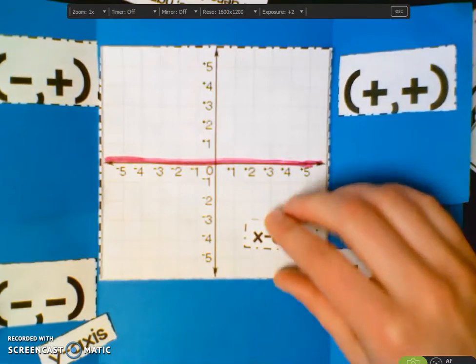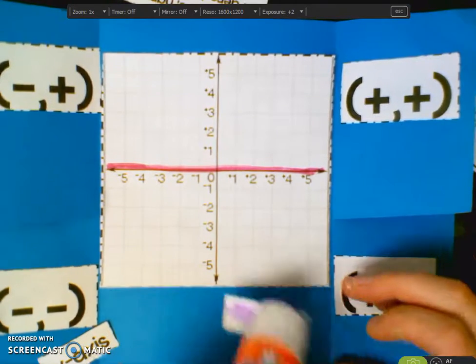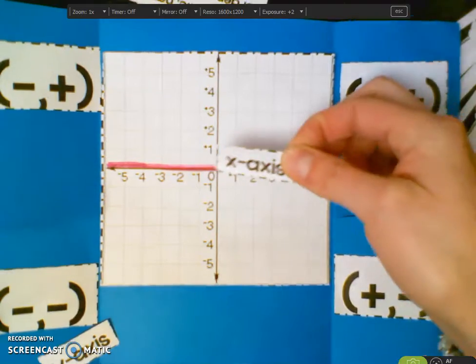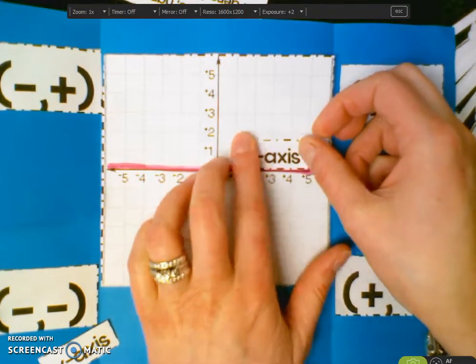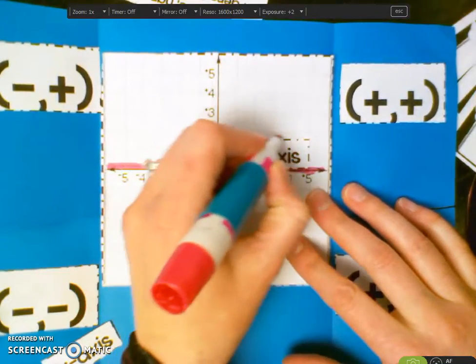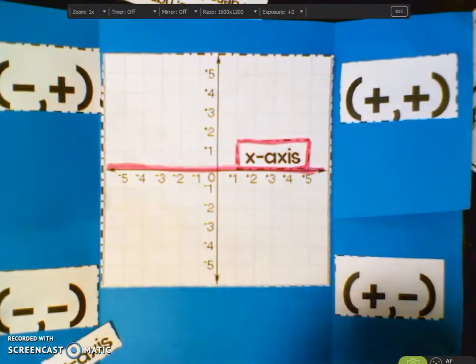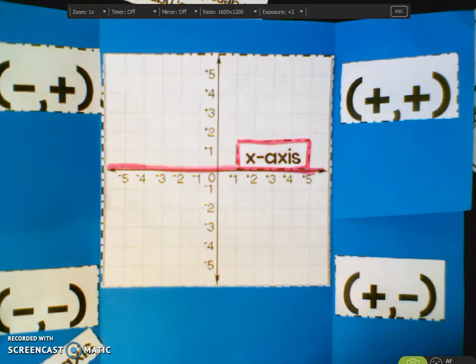Get that glued in. I'm going to glue that right above the x-axis. I'm going to go around that so you know that anything on this line is called the x-axis.